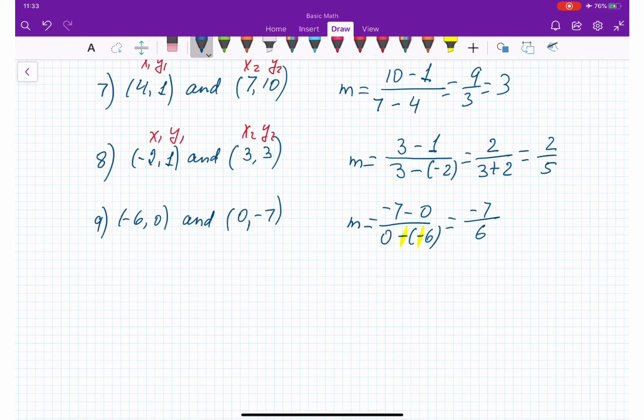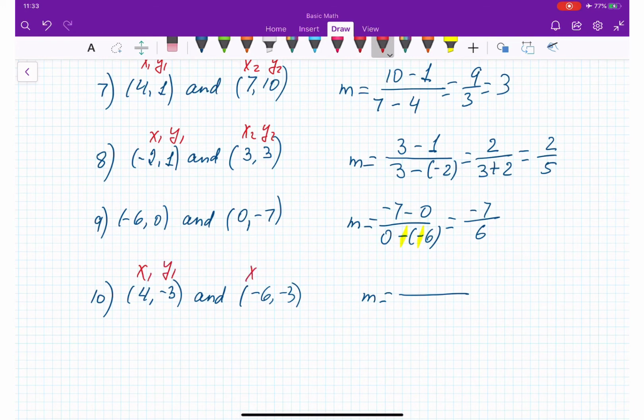Okay, question number 10. Points 4, negative 3, and we have negative 6, negative 3. Okay, m is equal to y2 minus y1 over x2 minus x1.